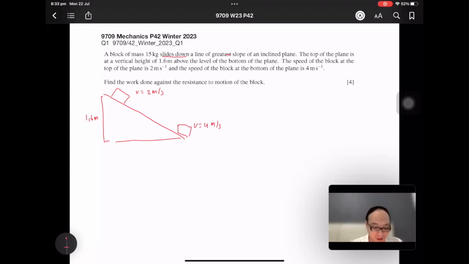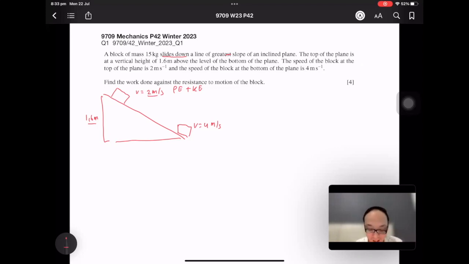So on the top, we have gravitational potential energy, since the block is in the position of 1.6 meter above the ground. And we have kinetic energy, because the block has a velocity of 2 meters per second.